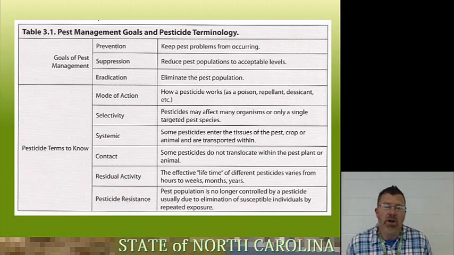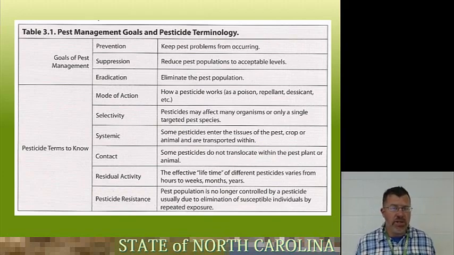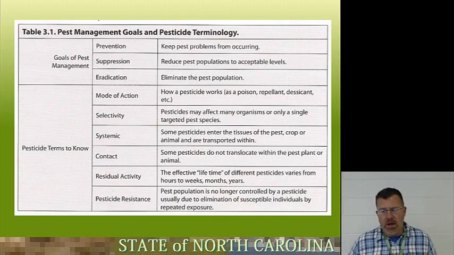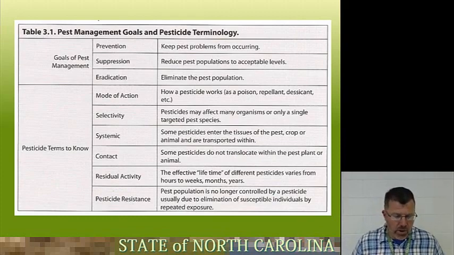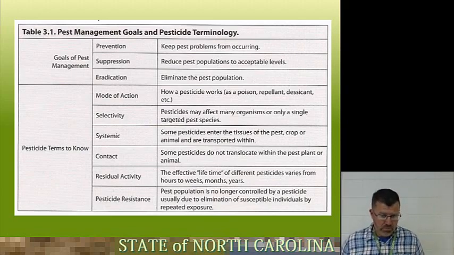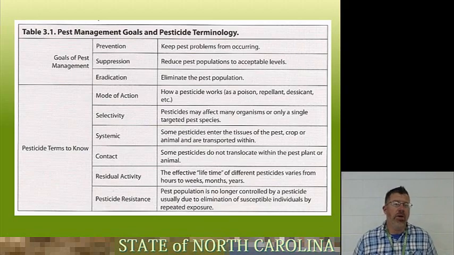Some pest management goals and terminology that you guys need to be familiar with. The goals of pest management: we want to prevent pests if at all possible, and keep pest problems from occurring. A good example of that is in our commercial landscape management side of the business. We always applied a pesticide called Snapshot.